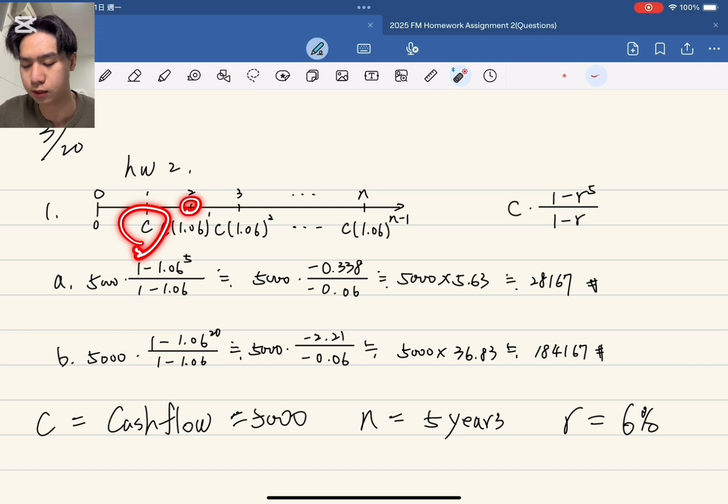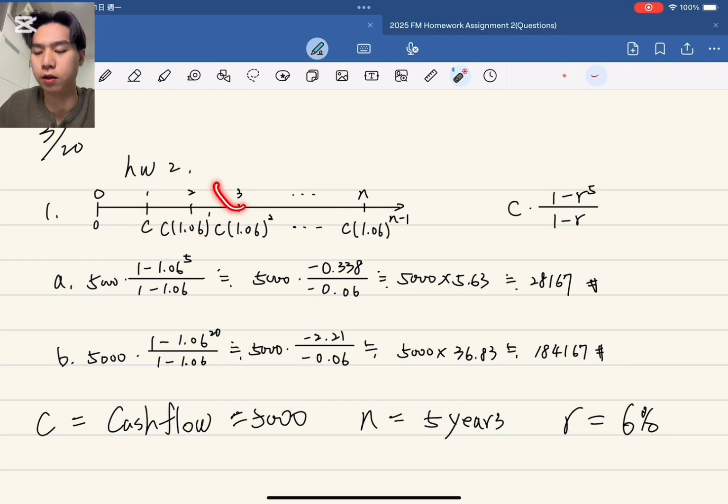So at that time, my money will become first cash flow plus first interest plus second cash flow.